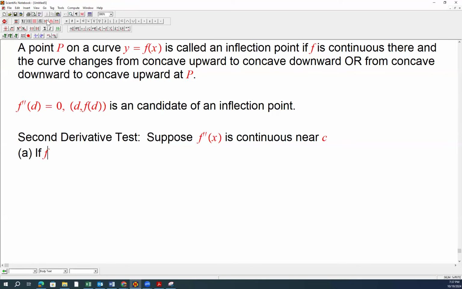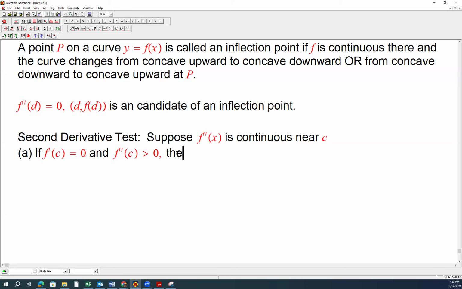First, the first order derivative at c is 0. That just means that it is a critical number. And second, the second order derivative at c, just plugging in c, is positive. Then, there are two conditions: critical number, concave up.